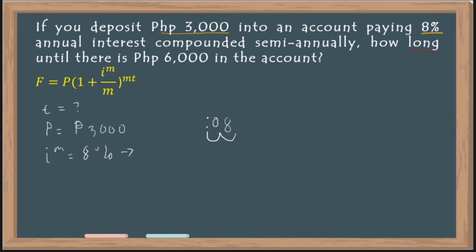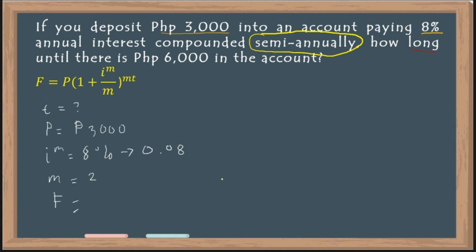So, nandito yung point, dagdagan lang natin ng 0. So, kailangan kasi yung percent nasa decimal form. So, 0.08. Kaya hindi pwedeng diretso yung percent, isolve natin using the percent. Magkakamali tayo. Okay? Then, yung m naman, so, mahalaga ito, no? Sabi niya, compounded semi-annually. So, kanina sa table natin, kapag semi-annually, that is equal to 2, 2 beses sa isang taon.